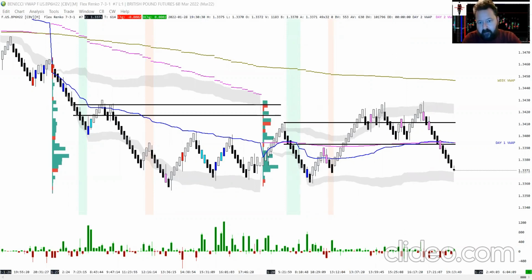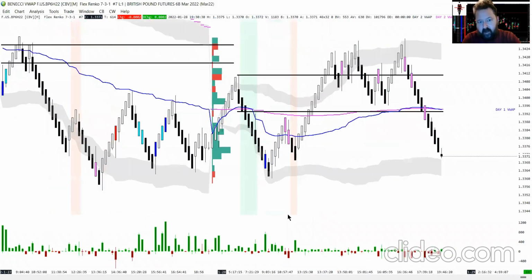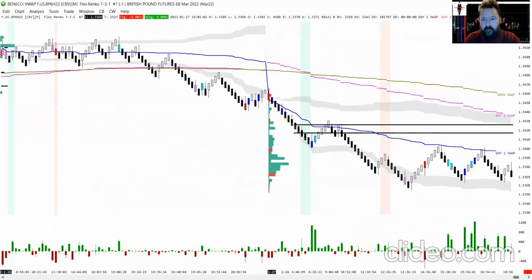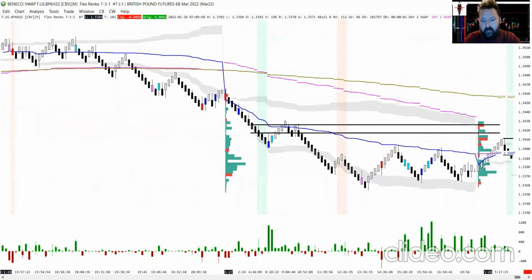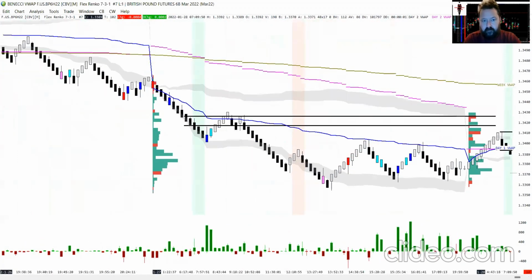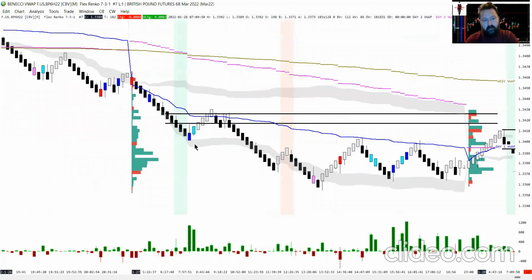And then within these Renkos, you can see we've got some odd colored bars. Basically, they just show delta and volume. So when we've got a blue candle like this, it means there's high buy side delta.